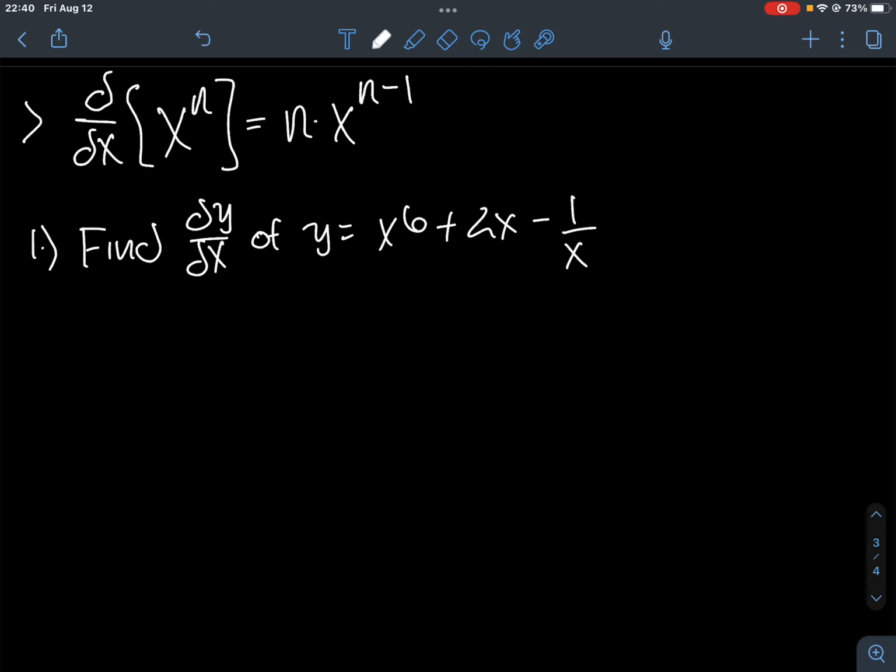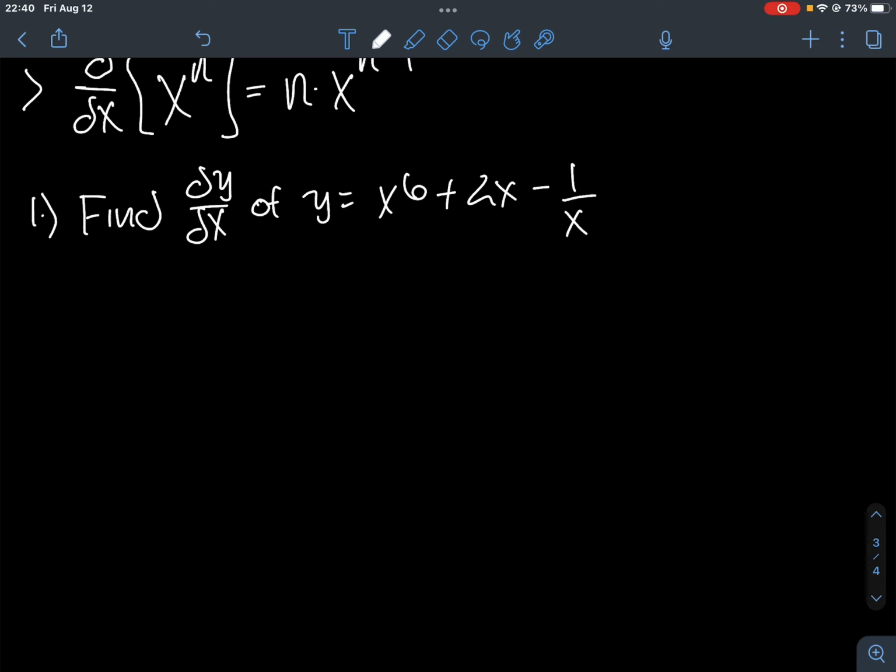So what does this dy dx mean again? All that says is, hey, take the derivative of y with respect to the x variable. So this says what you need to take the derivative of, and as you can see, y is right there, so we need to take the derivative of y with respect to what? Respect to the x variable.